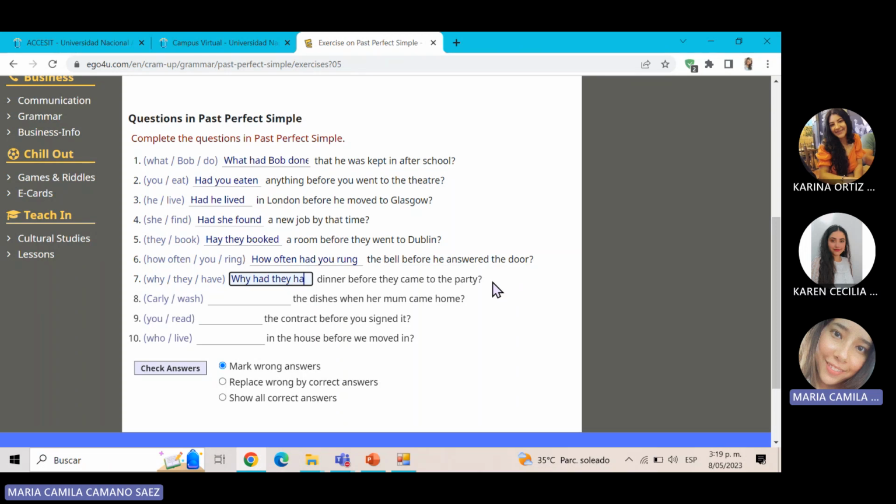Yes, in this case, we are using had as the verb have, and it is a correct form to use in this case. Okay. So in this case, what is the first word? Had Carly washed? Yes, washed is a regular verb in this case.